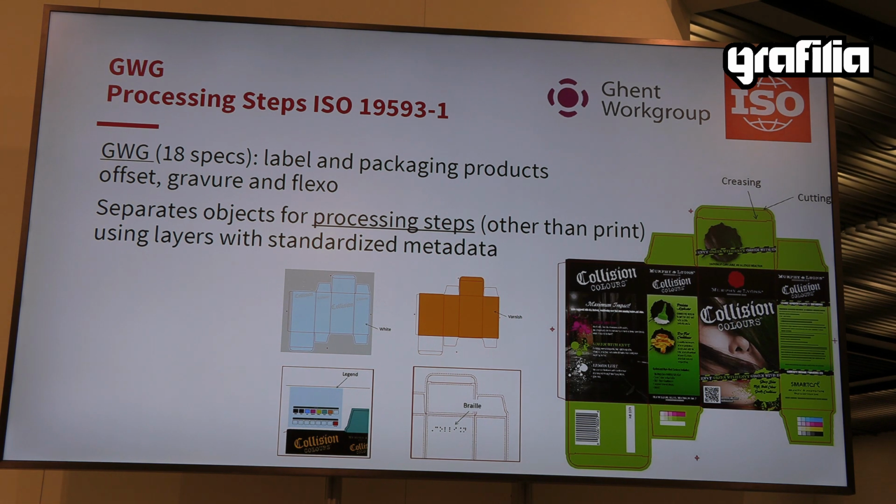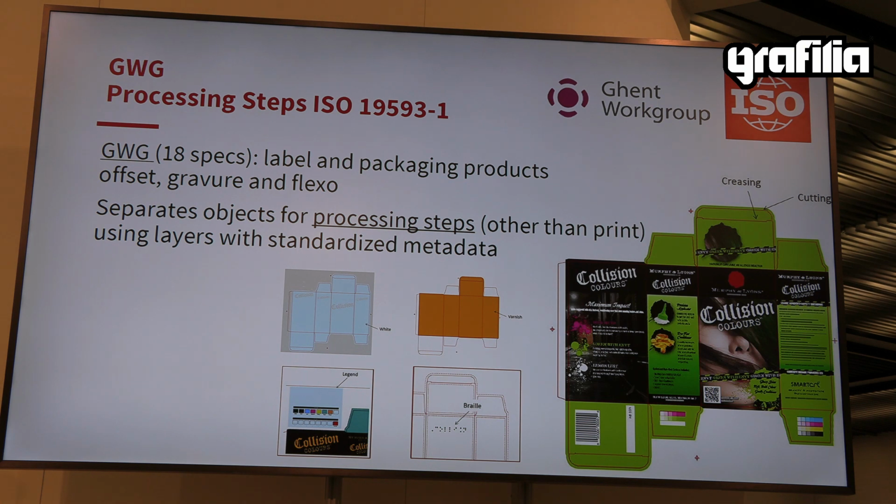You have 6 different products like corrugated, label, and so forth. And then each one is specified for printing methods: offset, gravure, and flexo. And thereby you end up with 18 different specifications. And each one has a typical limit, image resolution, and everything.